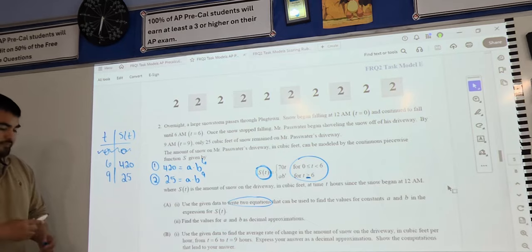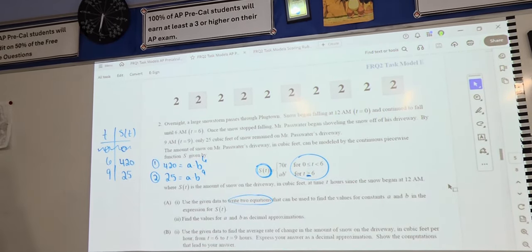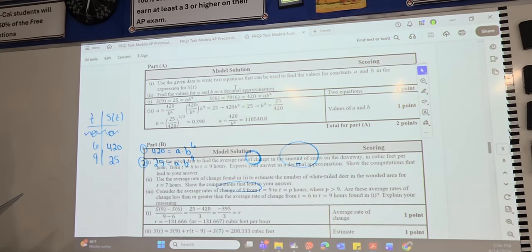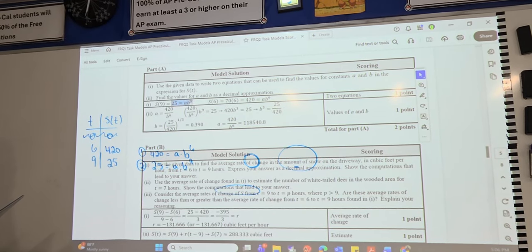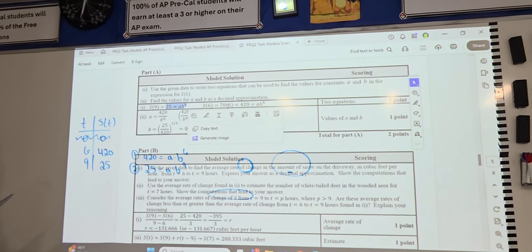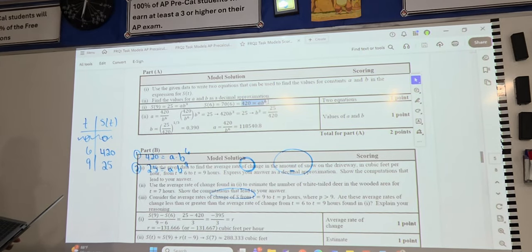From here, let's verify before we move on. Let's see if we got a point. Did we get a point in A1? In theory, yeah, we did. Check it out. They multiplied 7 times 6, which gave them 420, and they have the same setup as us, A times B to the power of 6.